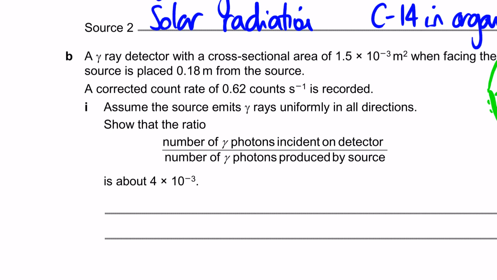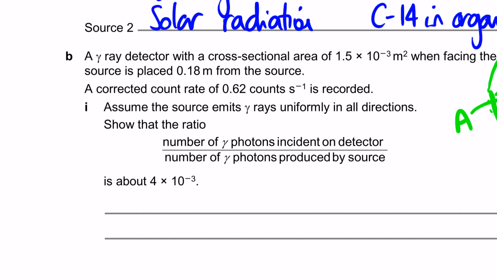It's going out radially in all directions, and then we'd have some cross-sectional area there. It's a bit like the Death Star. So we're looking at the ratio of that, because obviously a proportion of that will be absorbed. The vast majority, however, will be going off in all directions.